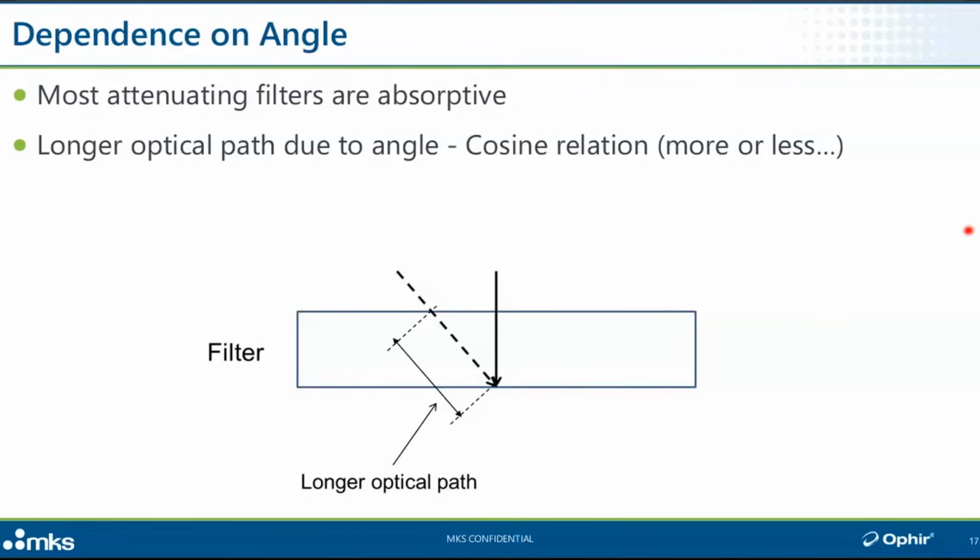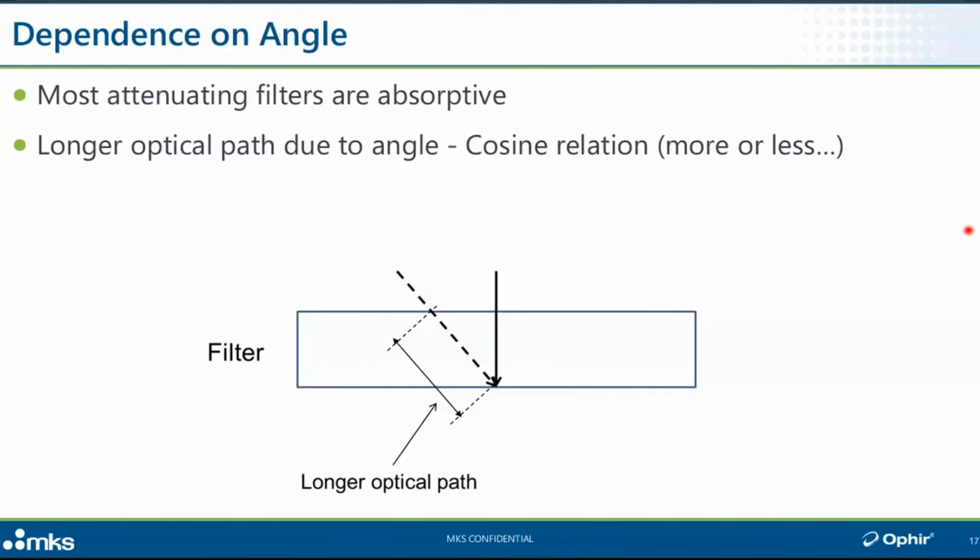As we saw earlier, our photodiode sensors have attenuating filters added, one built in and a second one removable, to extend the sensor's dynamic range. These filters are usually, not always, but usually absorptive. Usually it's just an ND, attenuating glass filter, NG whatever, depending on the model and so on.